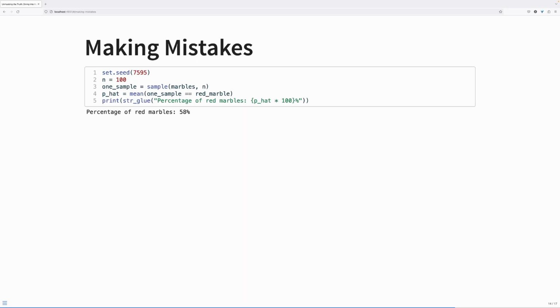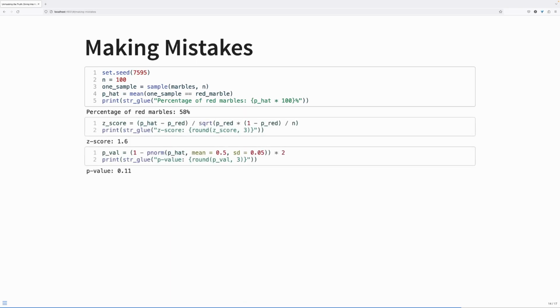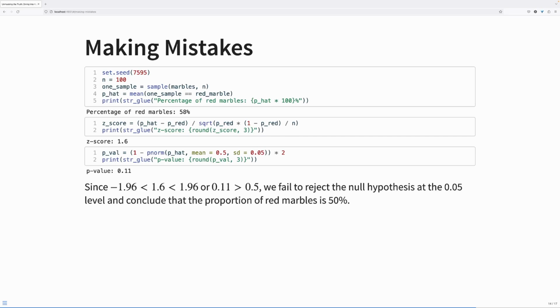Here we take another sample of 100 marbles from the bag and it gives us 58% red ones. And then we calculate the z-score and p-value, which indicate that we fail to reject the null hypothesis and conclude that the proportion of red marbles is 50%. Well, this is not true, right? Because we know that the true proportion is 0.64.